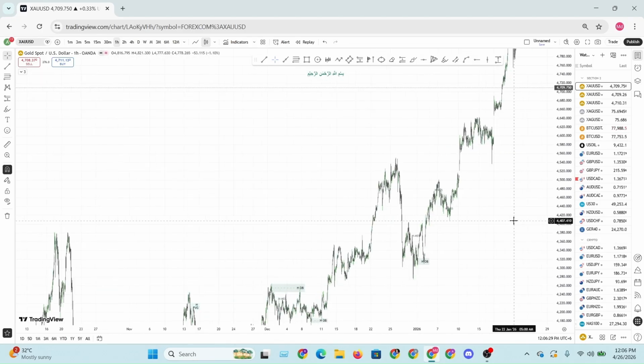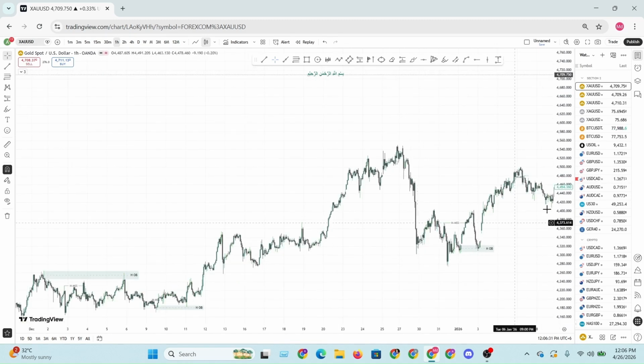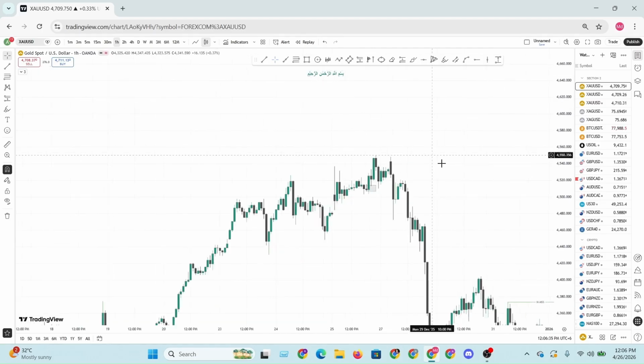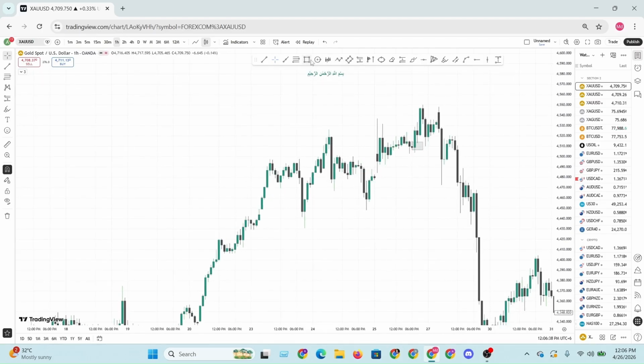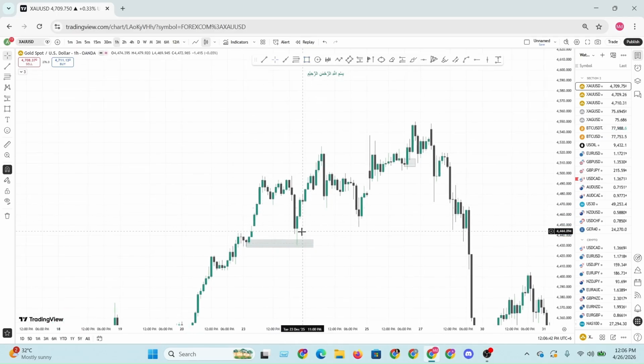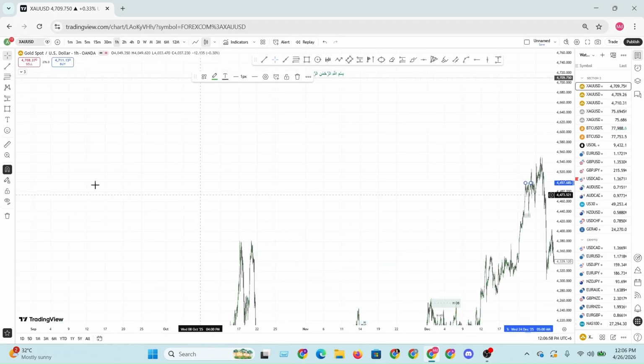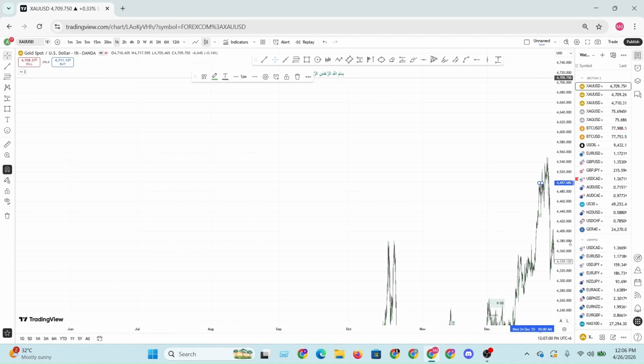Okay, you can see the market gives more from this POI, and eventually took these levels, this high, and see there is no level here. There is nothing here.